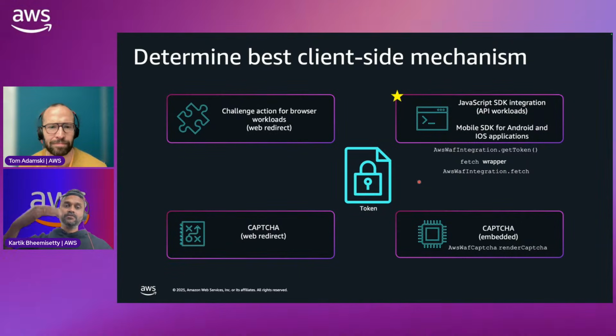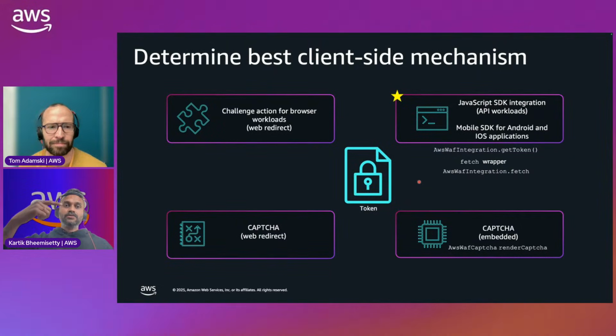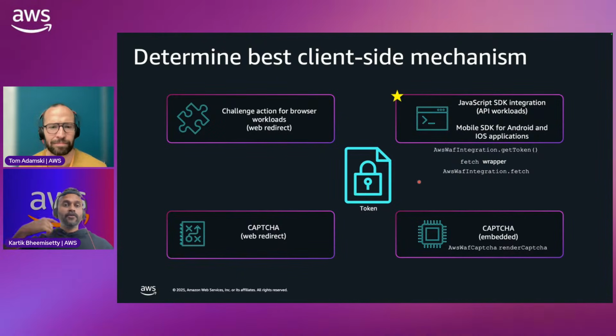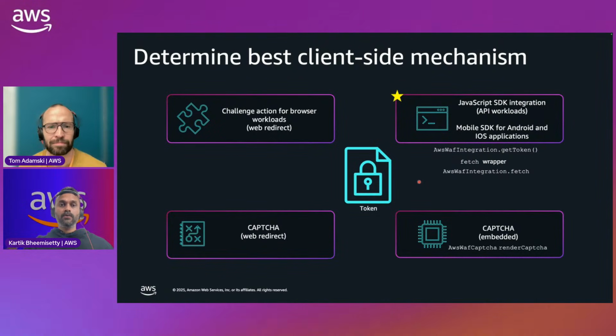As soon as the browser or any application downloads that content, the first thing it has to do is go get a token, and then it sends every request with the token. So what's the advantage? You're reducing the round trip times and improving customer experience. You don't want the browser to reload for a challenge. For captcha, you definitely need the user to click and solve it.